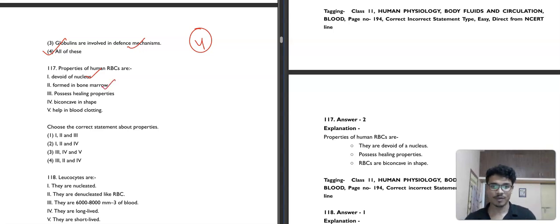And possess healing properties. Do RBCs have healing properties? No, RBCs don't have healing properties. Then biconcave in shape. RBCs are biconcave in shape. It helps in blood clotting. Do RBCs help in blood clotting? No, this is also not correct. So the correct statements for RBC are first, second and fourth. The second option is the correct answer.